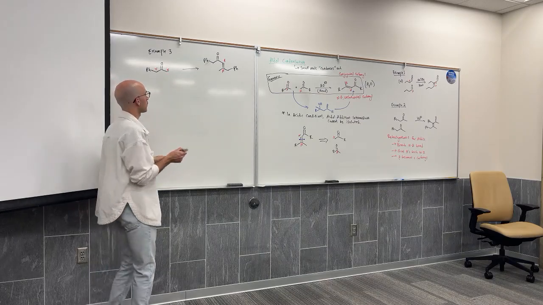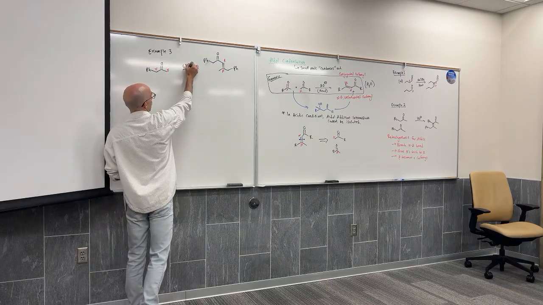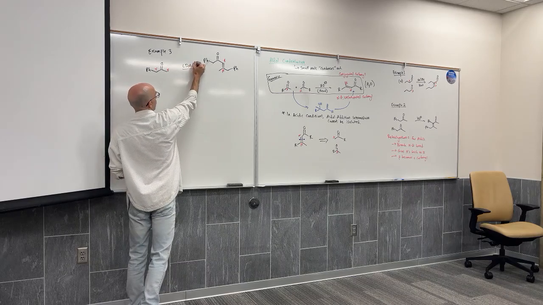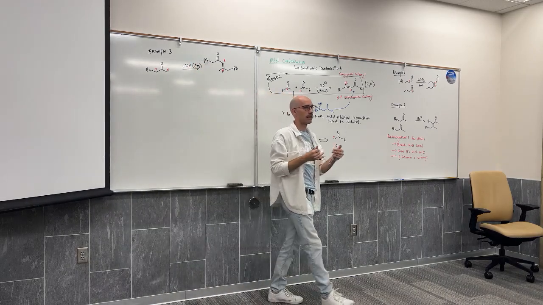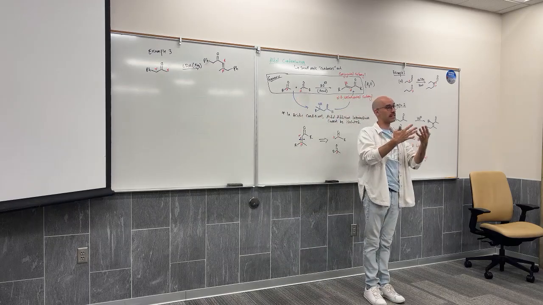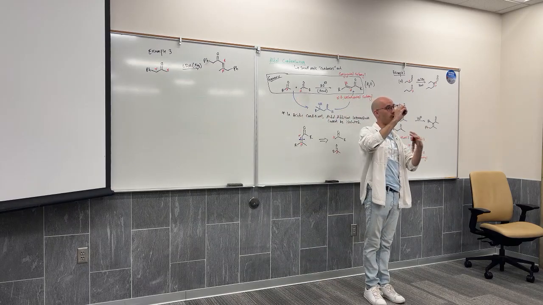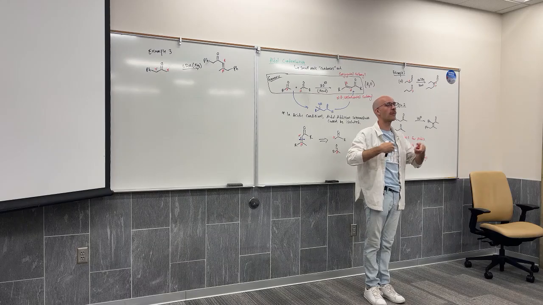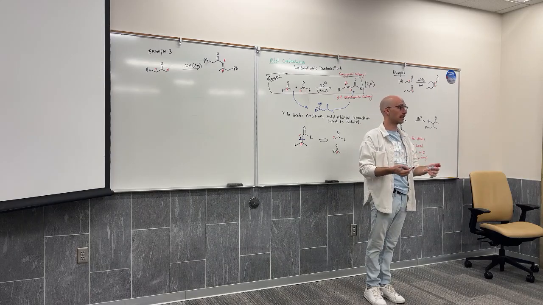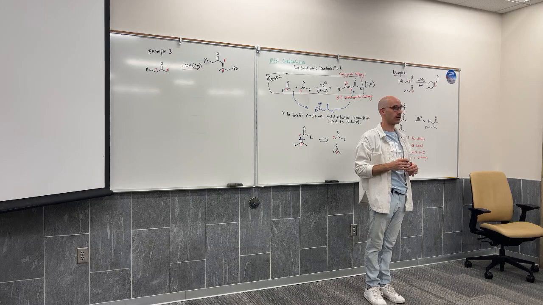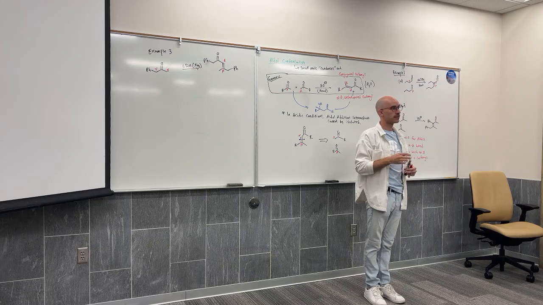Now, if you remember yesterday, when we used LDA at half an equivalence, that gave us an aldol addition that ended with O minus, because there's no proton source. There's nothing that we can use to protonate the beta hydroxy alcohol. So we added H3O plus afterwards to protonate things.